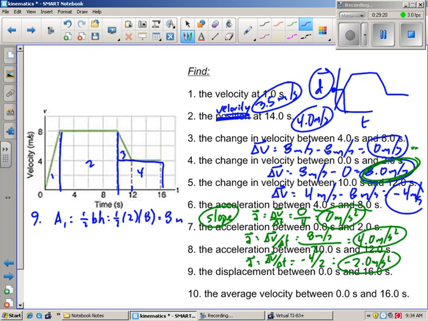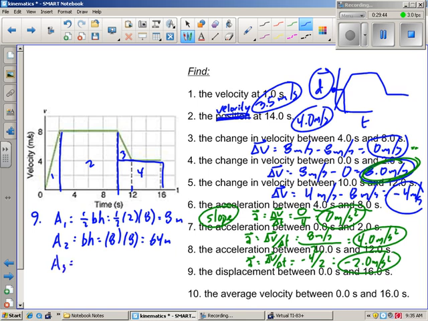How far did we travel in the first section there? 8 meters. What about the second section? What's the equation for the second section? Base times height, or length times width, because it's the area of a rectangle. The base goes from 2 to 10, so the base is 8. The height is also 8. We multiply those together, we get 64 meters.